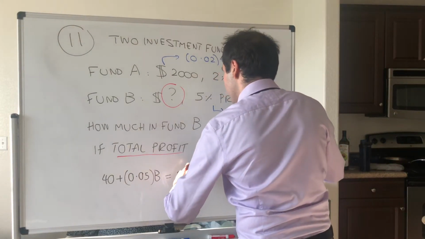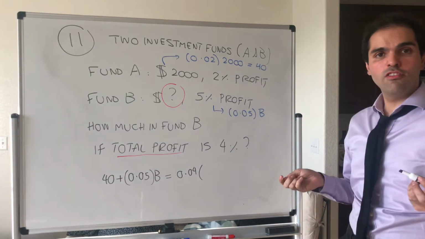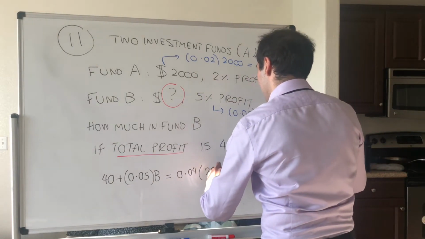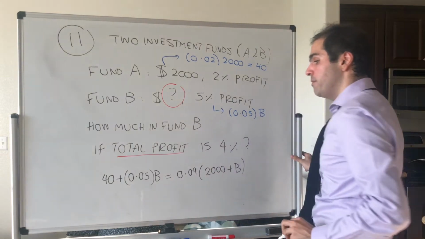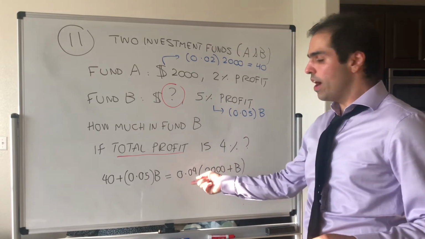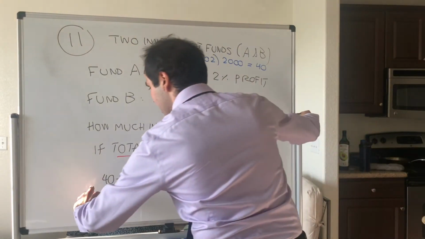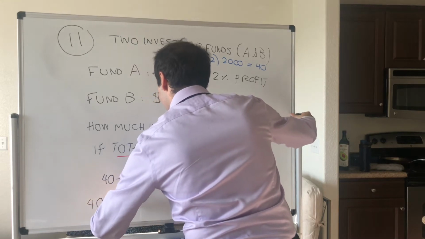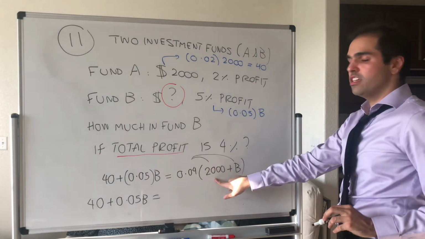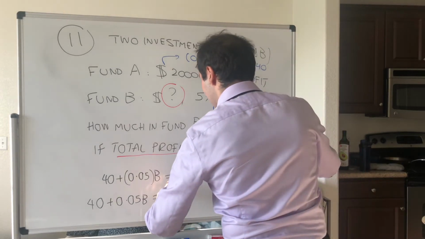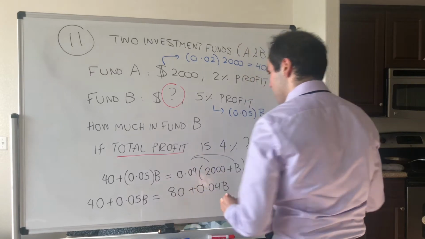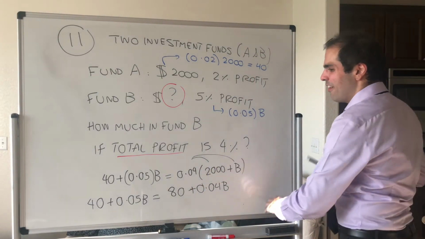So it's 0.04 times the total amount of money he invested, which is what? $2,000 from fund A plus B dollars from fund B. And then the nice thing is, from this equation, we can actually solve for B, because we get 40 plus 0.05B equals, so distribute this out, 0.04 times 2,000, that is 80, plus 0.04B. Okay, and let's sort of play around with this.